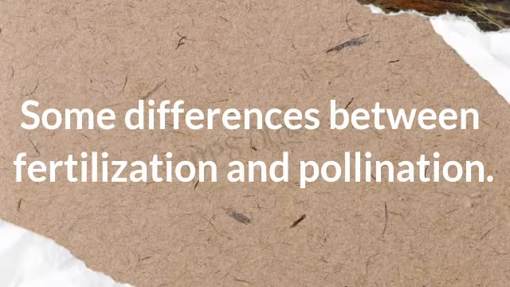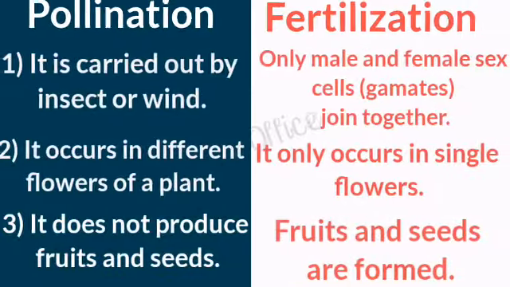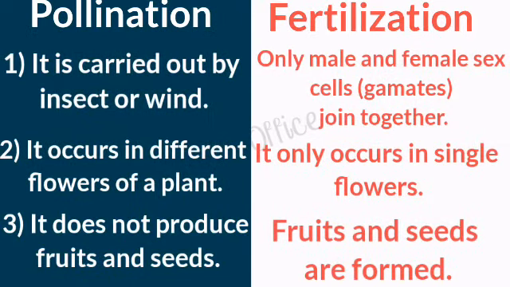Now let's see some differences between fertilization and pollination. 1. Pollination is carried out by insect or wind, but in fertilization, only male and female sex cells, that means gametes, are joined together. 2.